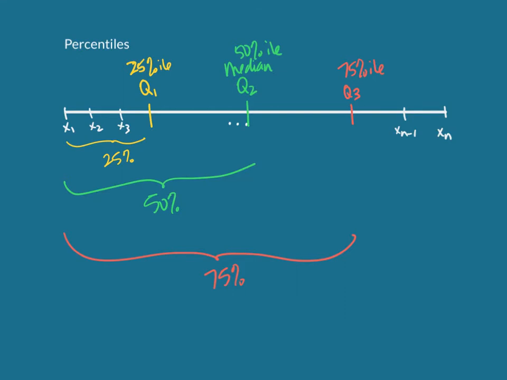So when we say a number is the 25th percentile, we're saying that that number is greater than the lowest 25% of the data. The 75th percentile means that that data value is greater than 75% of the data below it. So with quartiles, we have the 25th percentile, 50th percentile, 75th percentile.